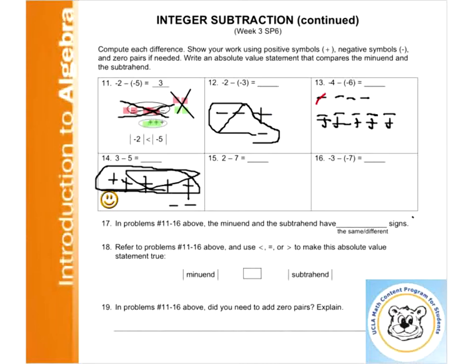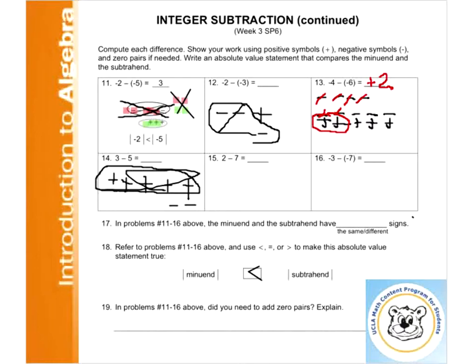All right, looking at this set of problems, we notice that the minuend and the subtrahend have the same sign. But this time, the absolute value of the subtrahend is greater than the absolute value of the minuend, or the absolute value of the minuend is less than the absolute value of the subtrahend. So in this case, we definitely have to build zero pairs.